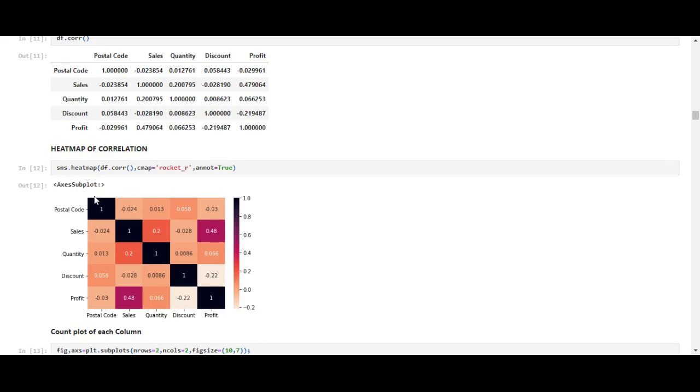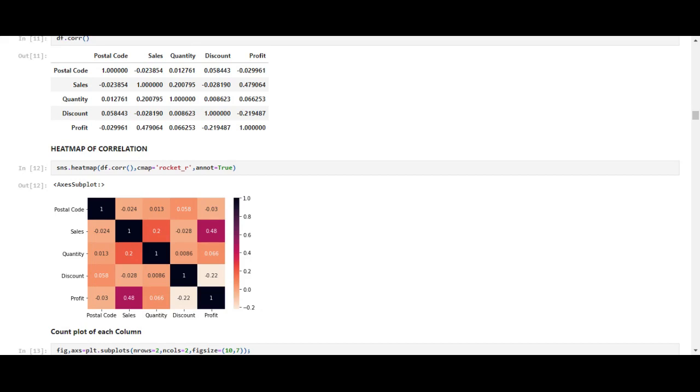In a heat map, the correlation is interpreted as values closer to 0, which means that there is no linear trend between the two variables. The value closer to 1 is more positively correlated, that is, as one increases, so does the other, and the closer the value is to 1, the stronger the relationship is.